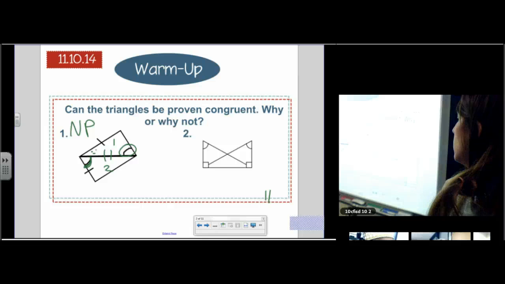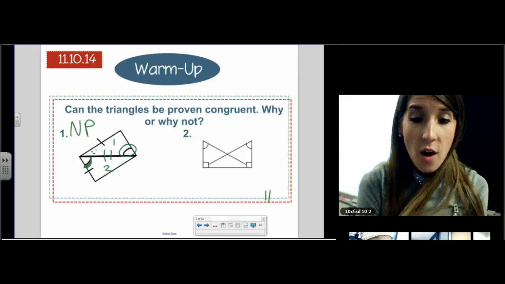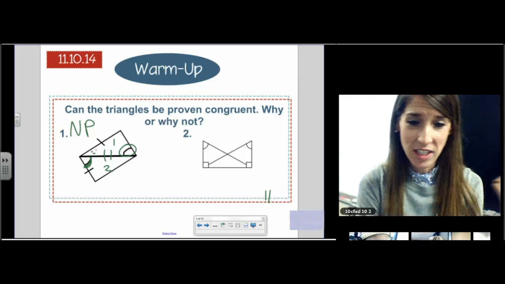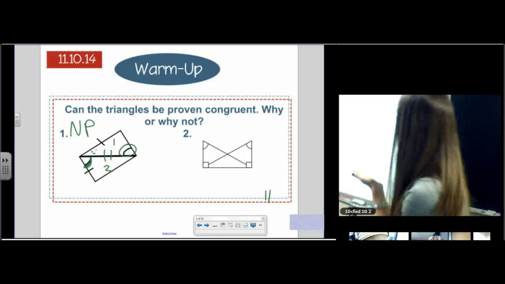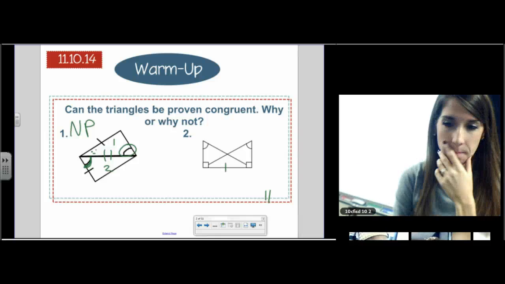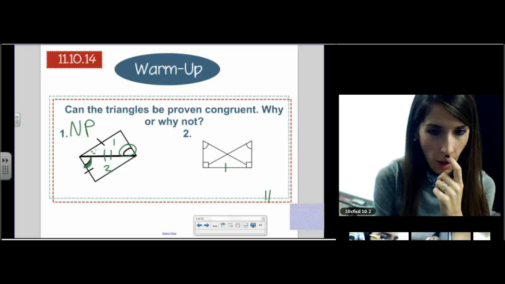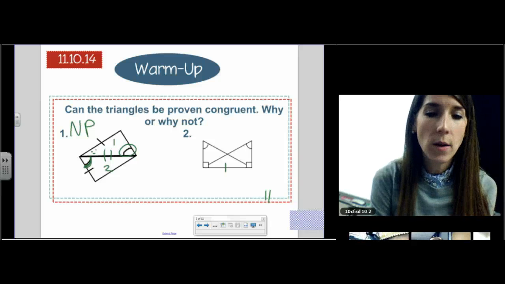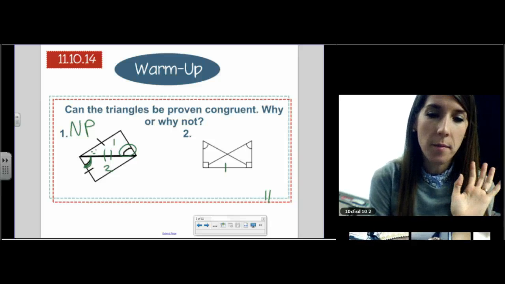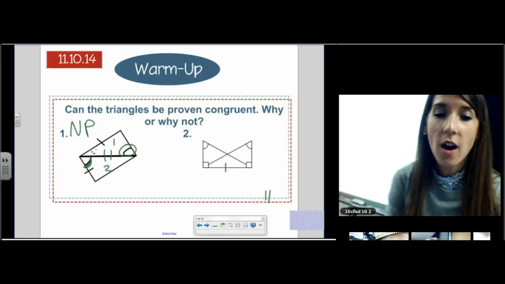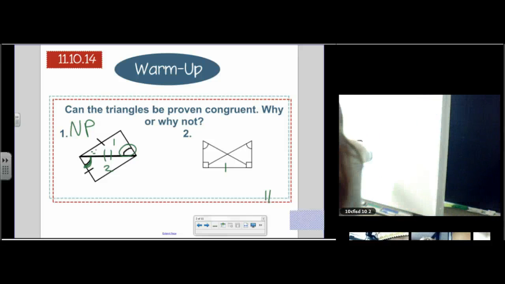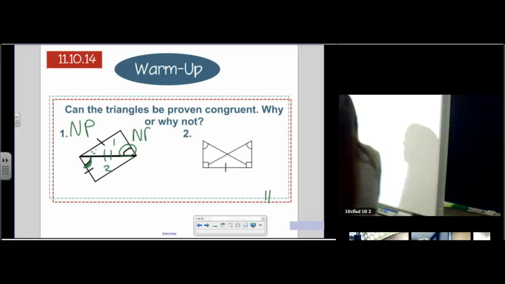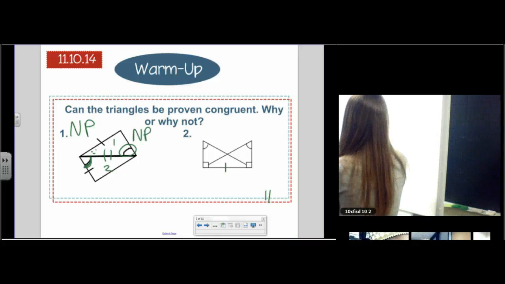Number 2 also has a shared side. It's a different kind of shared side than we're used to, but go ahead and add tick marks to it. So on number 1, we're going to put NP and NP, twice. On number 2, can they be proven congruent?